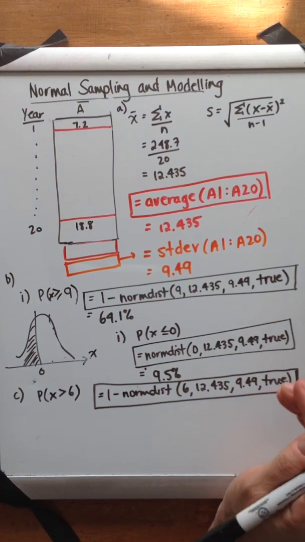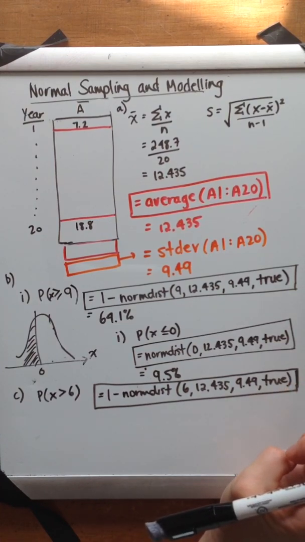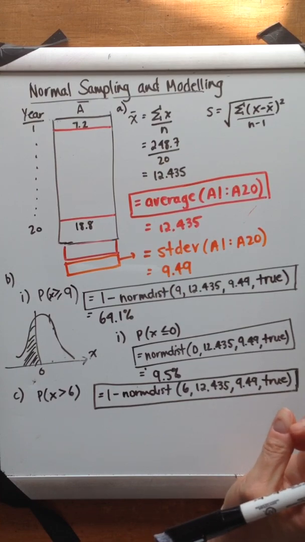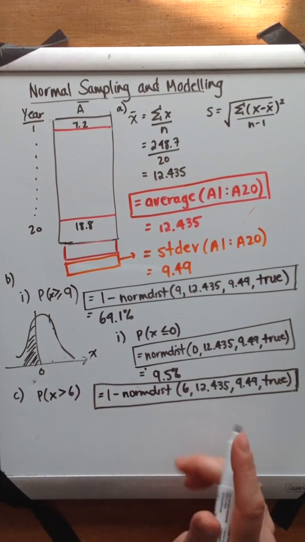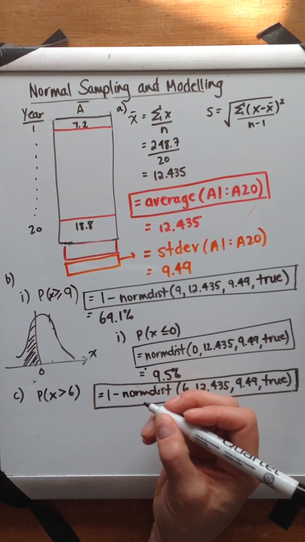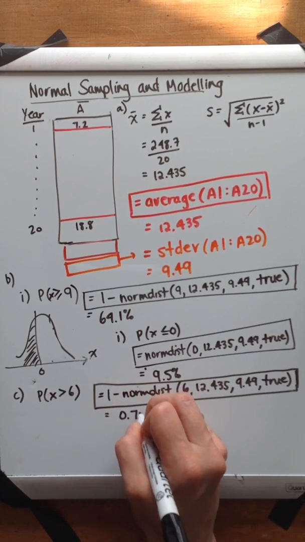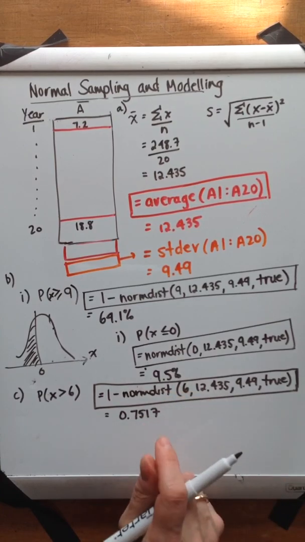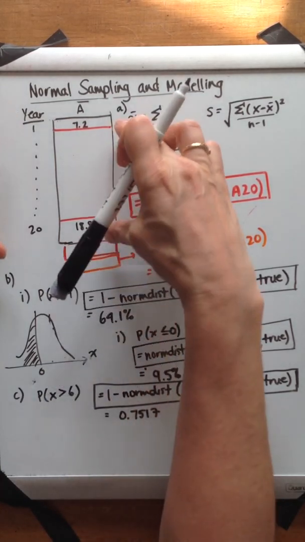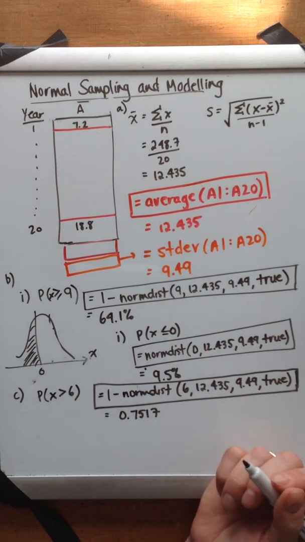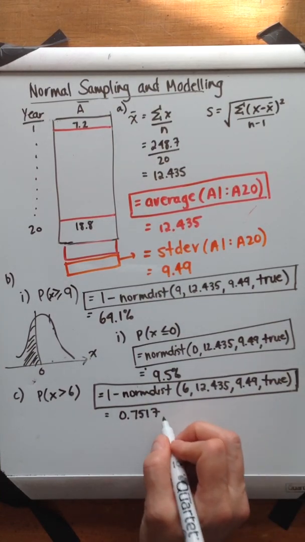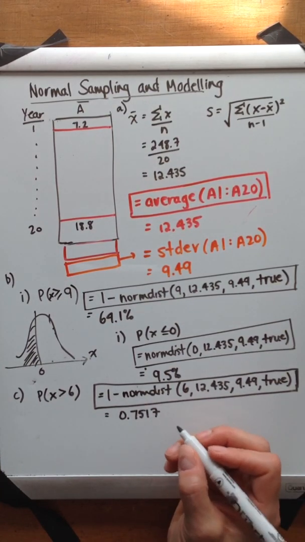and we should end up with, oh sorry, yes, we did 1 minus, I got it. We end up with a value of 0.7517 for this data set. So if we're doing the next 10 years, we're going to take this probability and multiply it by 10.